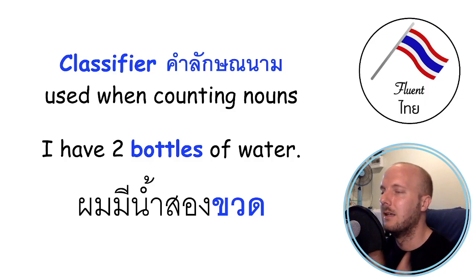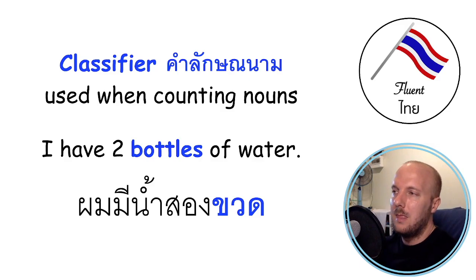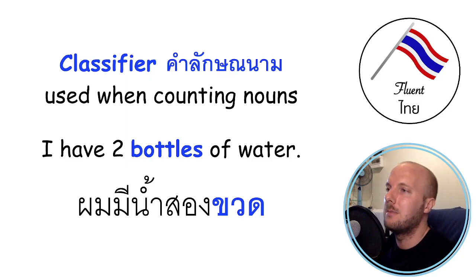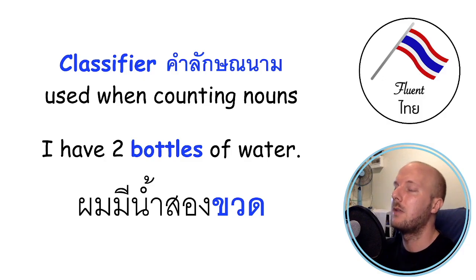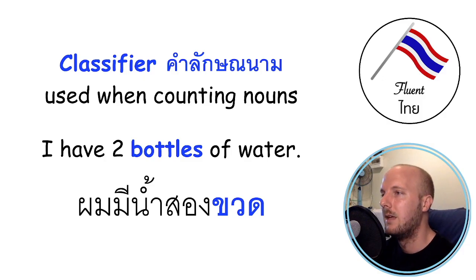Cat is already the classifier in and of itself. But water is not countable, right? You have to put it into something in order to classify it, in order to count it. So in English, we only use classifiers for uncountable nouns, whereas in Thai, they use it for both countable and uncountable. So here I have 2 bottles of water. ผมมีน้ำ2 ขวด. So it goes at the end of the sentence.